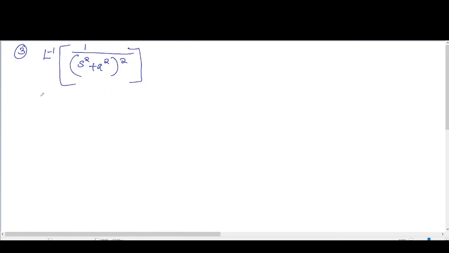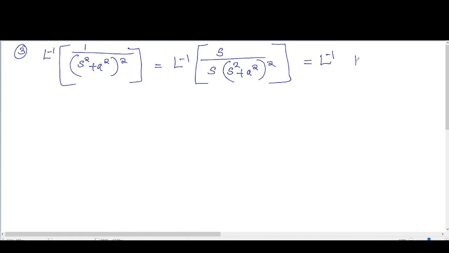So this is same as L inverse of, here we can introduce one s in the numerator and denominator. So s by s, then s square plus a square the whole square. Actually here we want f of s into g of s. Now let us write this as f of s, g of s.